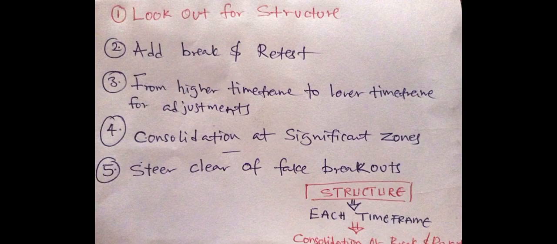Number five, which is the last one, is to steer clear of fake breakouts. Now this one is tricky, because when you're drawing your zones, your levels, you always want to pay attention to the levels that are actually important. That's the big thing.